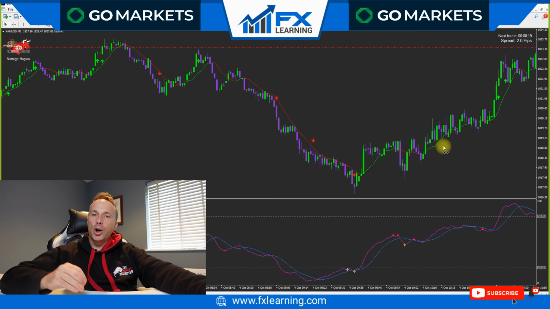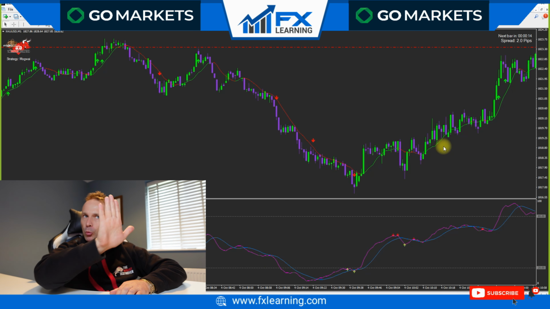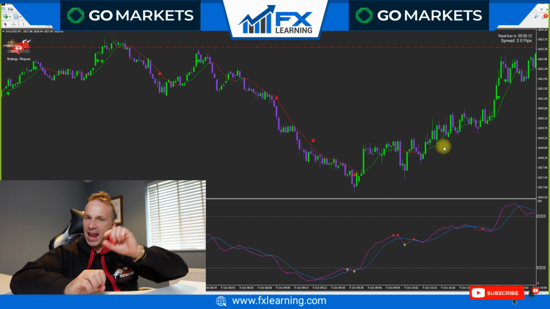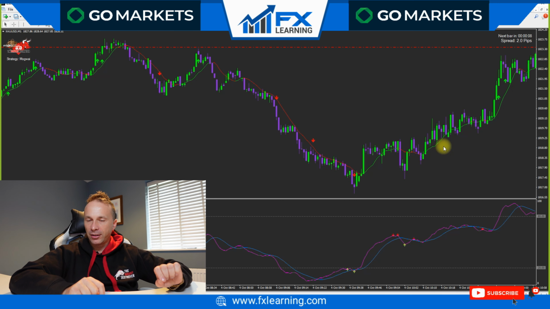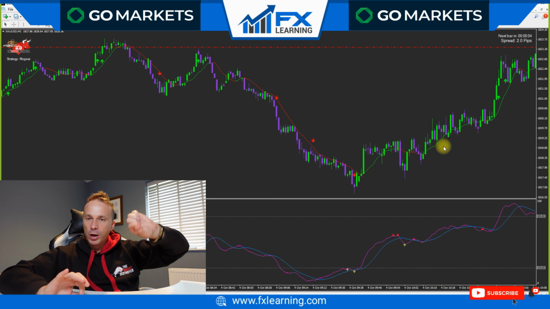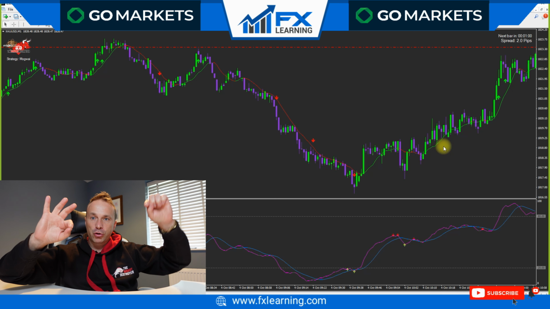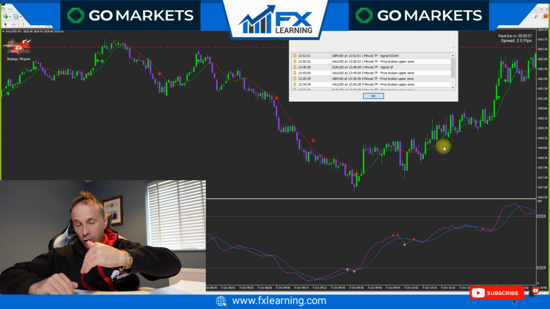But what Michael Austin discovered, or has created, rather than waiting for the arrows and entering there, why don't we enter on the pullback? So basically, arrow confirms a trend down, pullback, and then sell with the trend.